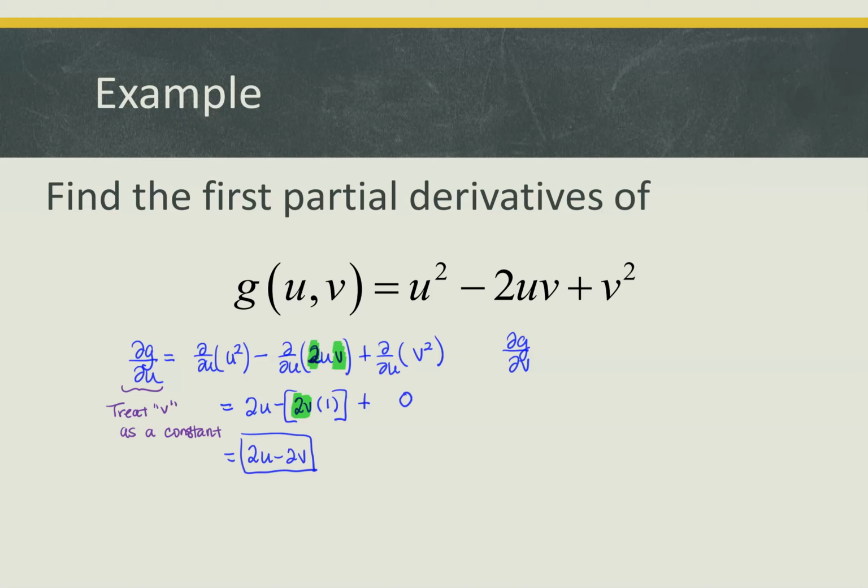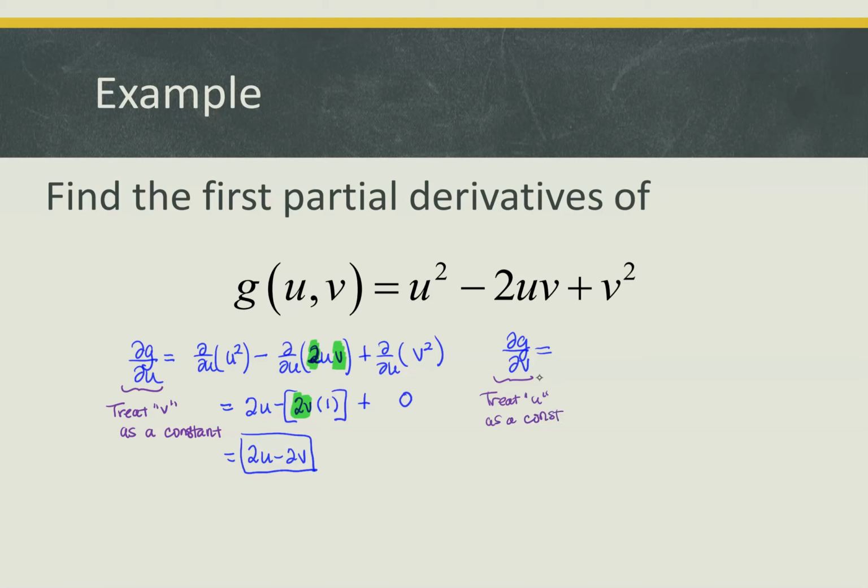So we've found the rate of change of this function g with respect to u. Now let's find the rate of change of this function g with respect to v. So this time we're going to treat u as a constant because we're interested in the rate of change with respect to v.